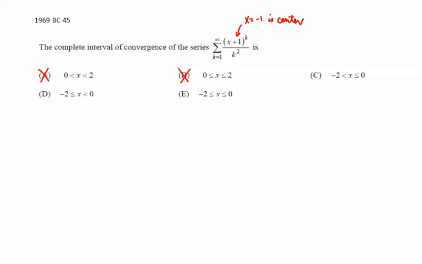So one of our endpoints is -2. X equals -2. Let's see what we have. -2 plus 1 is -1, to the kth power over k squared, and that is an alternating series.